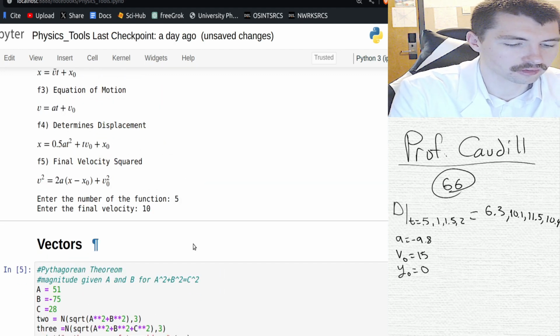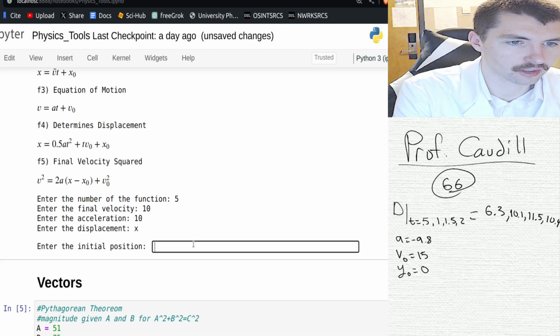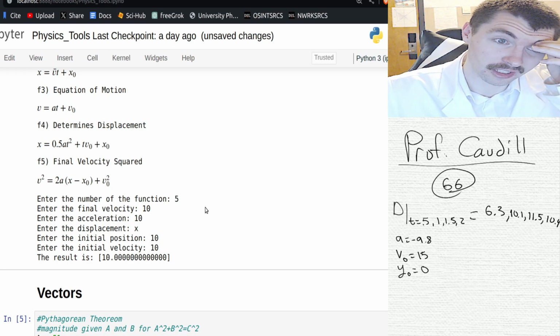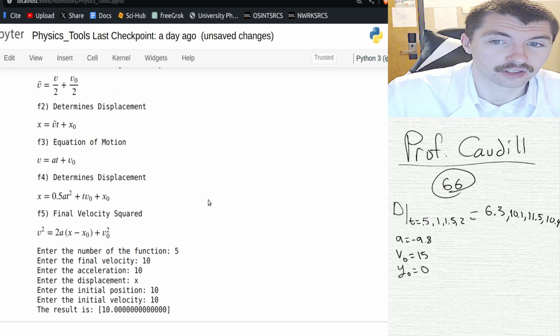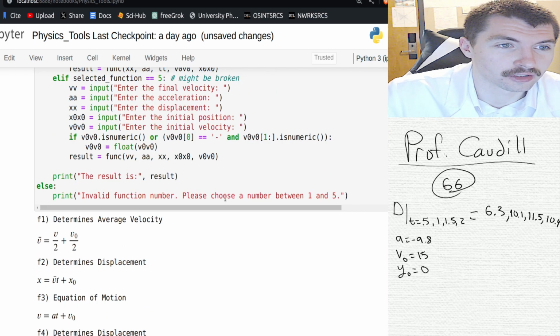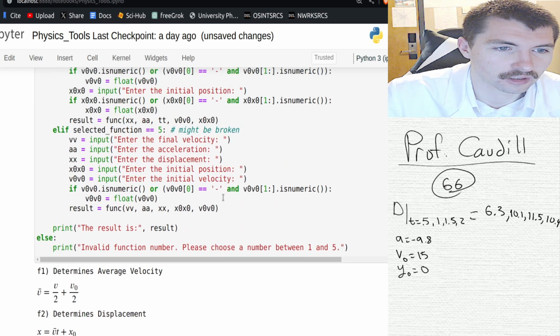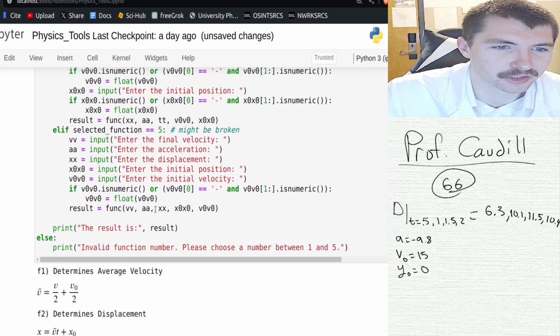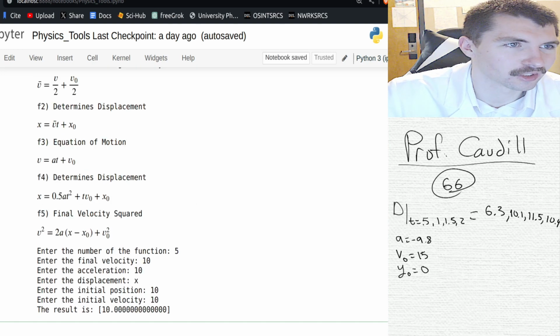Five, 10, 10, x, 10, 10. All right, so there we go. I think I fixed it. So I'll upload this change to the GitHub. What did we even change? Not entirely sure what we even changed. Maybe this. I don't know. Whatever. So let's move on.